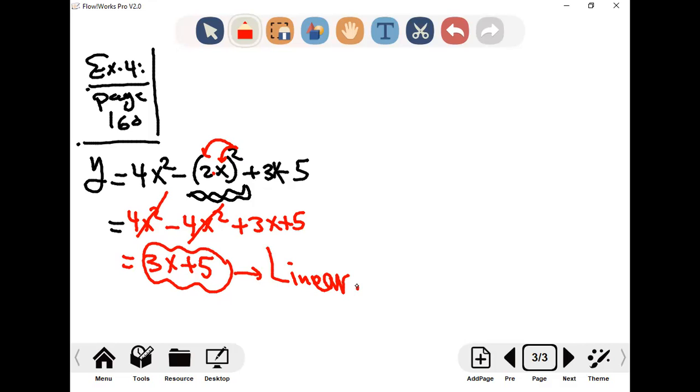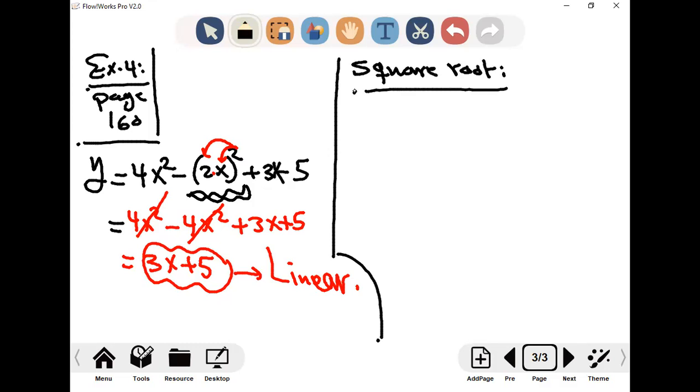Let's do the check together and focus with the check, please. Before we do the check, please focus here at the board. Now we have something we call square root.